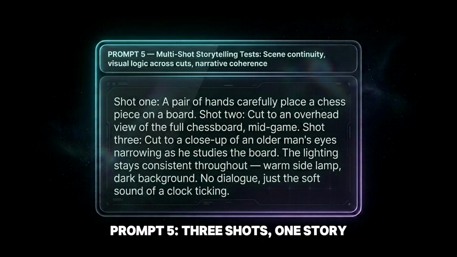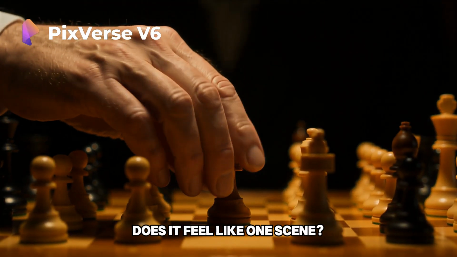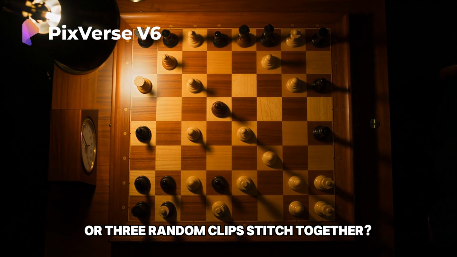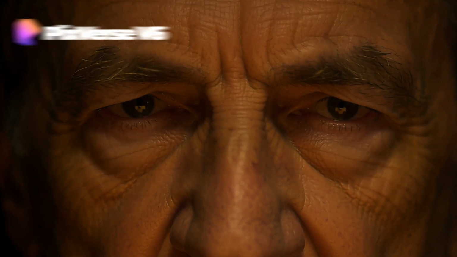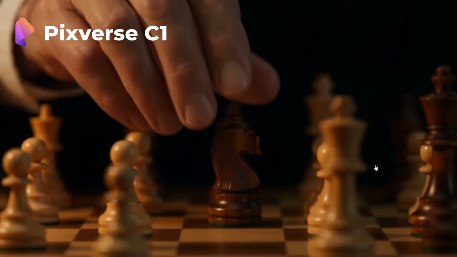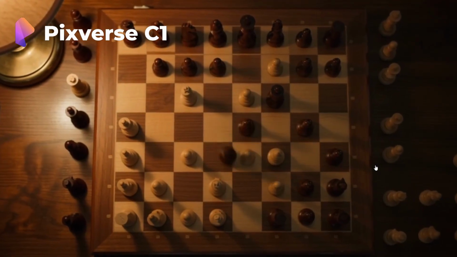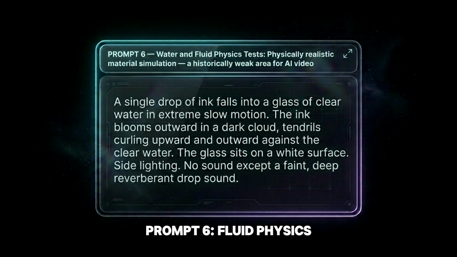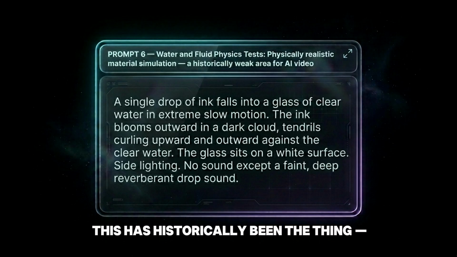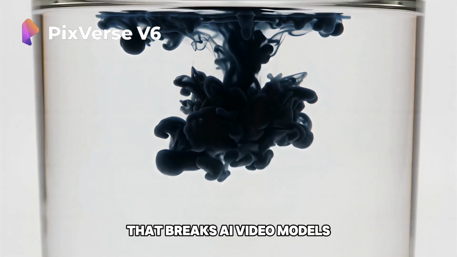Prompt 5. 3 shots, 1 story. Does the lighting stay consistent? Does it feel like one scene or 3 random clips stitched together? Prompt 6. Fluid physics. This has historically been the thing that breaks AI video models.